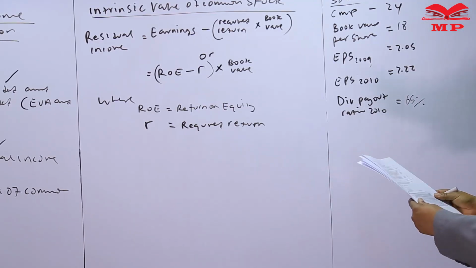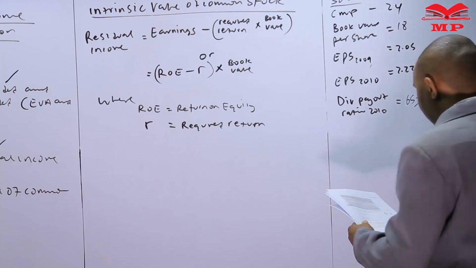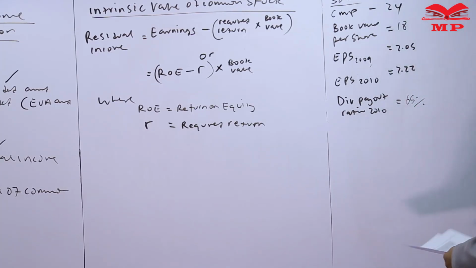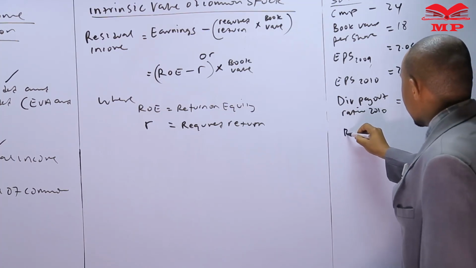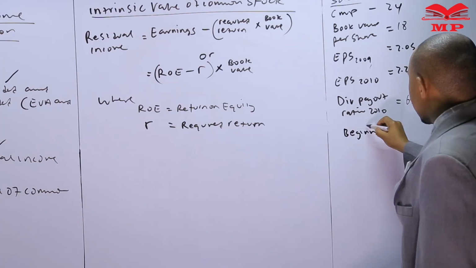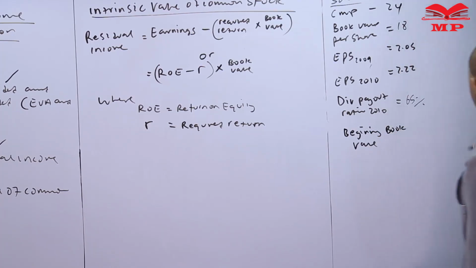Now, I've been told to forecast the residual income for 2009 and 2010. So, having been given that information, we first of all draw a table over here. We draw the beginning book value, for 2009 and 2010. The beginning book value we can see here is 18.